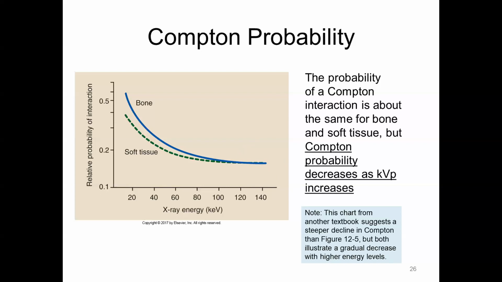If we keep increasing past the diagnostic levels that our machines are capable of, it's going to get a little closer to zero. So we're not talking about absorption here. We're just talking about, is it going to scatter or is it going to transmit? And at higher energy levels, we're decreasing the odds of Compton slightly. And if we're decreasing the odds of Compton, then we have to be increasing the odds of transmission.